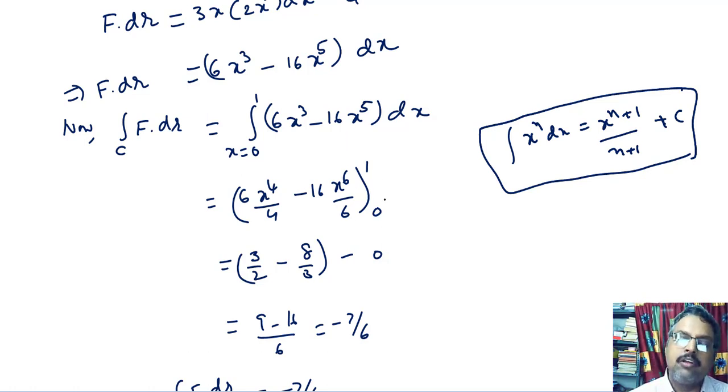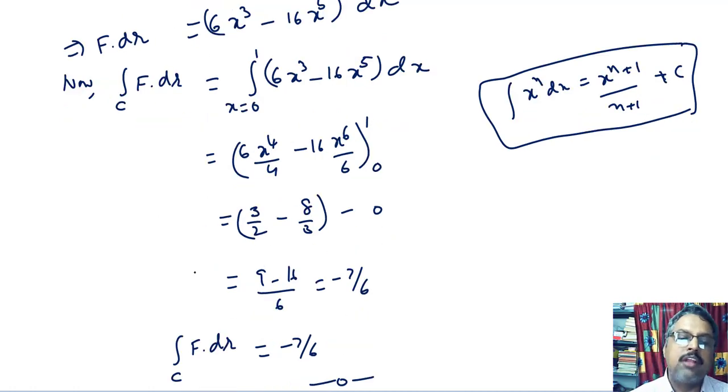Now limit 0 to 1. Put x equals 1. Now this is 6 by 4, that is 3 by 2, this is 8 by 3. If you put x equals 0, this is 0, this is 0. LCM is 6. Now 3 threes are 9, minus 8 twos are 16, minus 7 by 6 is the answer. Minus 7 by 6 is the answer.